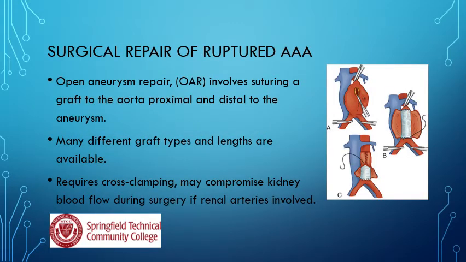To do surgical repair for a ruptured AAA, the patient has a large abdominal surgery. So all their organs have to be moved. The kidneys have to be clamped. So the patient can have a lot of sequelae of the surgery alone. The actual process is the surgeon takes a graft to the aorta and sutures it proximal and distal to the aneurysm.